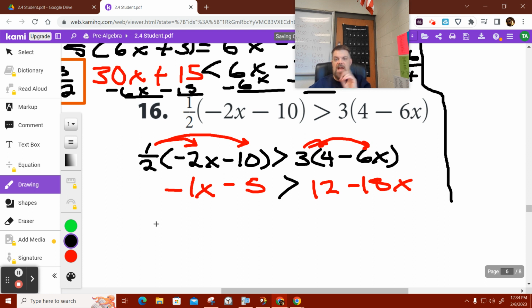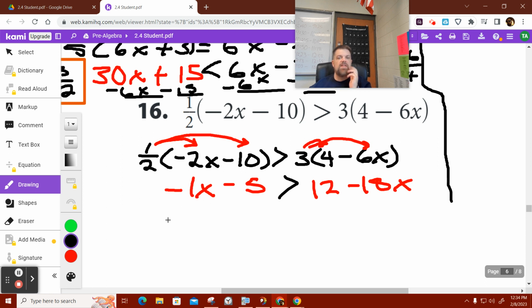Now, back to round robin. We're going to reverse the order. What do I do first? Combine like terms. So how do I do that? You tell me what you want me to do first. Negative 1x is negative 18x. All right. So how do I do that? You raise the negative 1x.